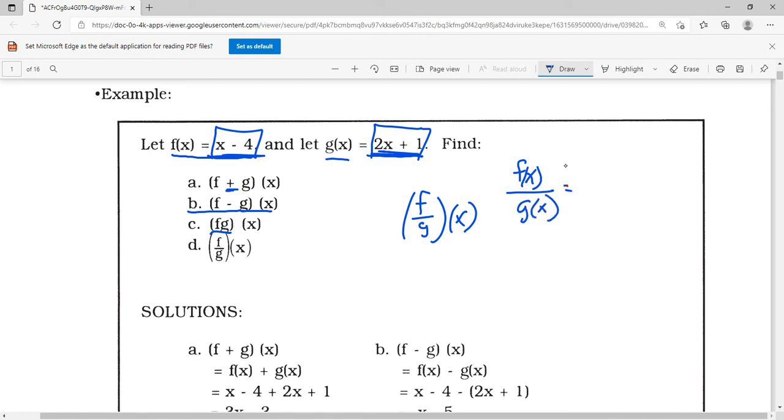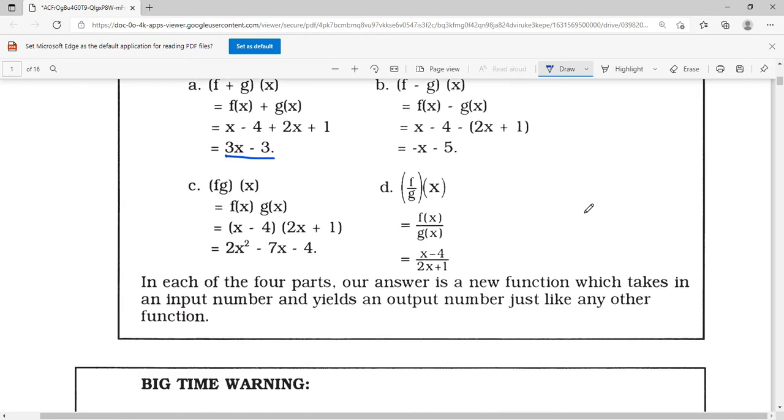So we put our f of x on the top, that's x minus 4, and our g of x on the bottom, which is 2x plus 1. And we can't reduce that at all. That is just the answer right there.